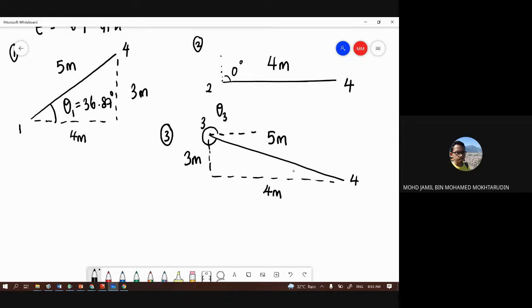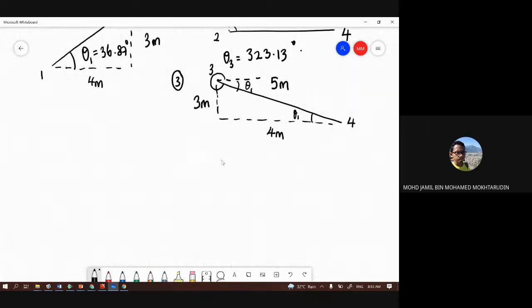So theta 3: we know that this angle is similar to theta 1, using triangle rules. So theta 3 will be 360 minus 36.87, so it's 323.13. Okay, so after you determine all the angles, then you can make the table for sine and cosine.